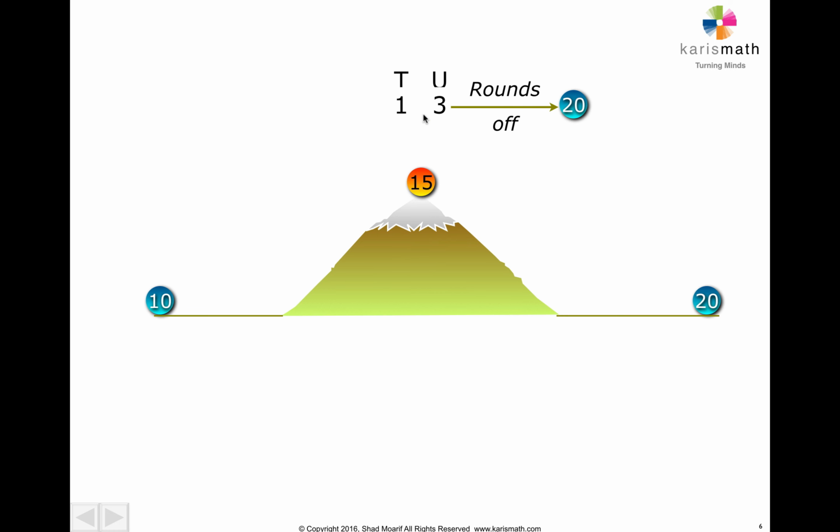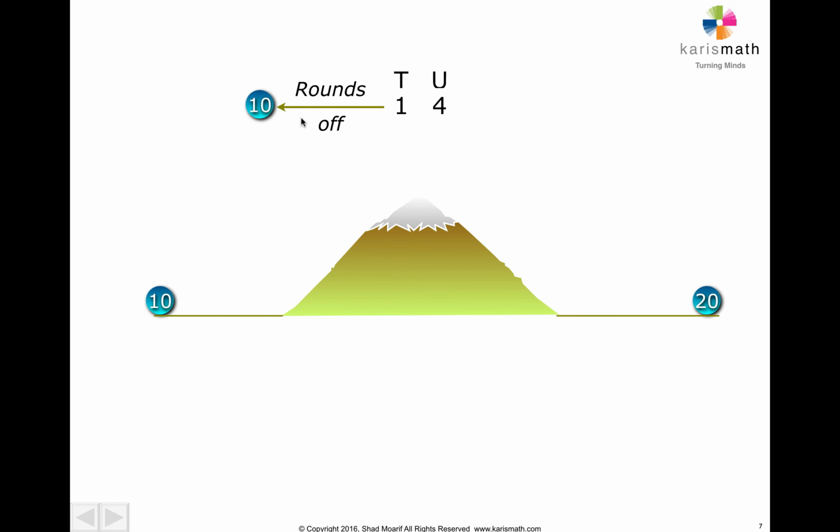What about 13? We place it on this slope, so it rolls down towards 10, so we say 13 is around 10. What about 14? Well, 14 will be placed on this side of the slope, so it'll roll down towards 10. So we say 14 rounds off to 10, or it's around 10.